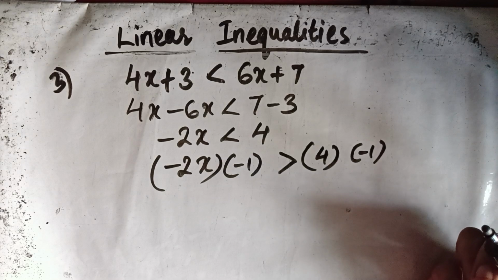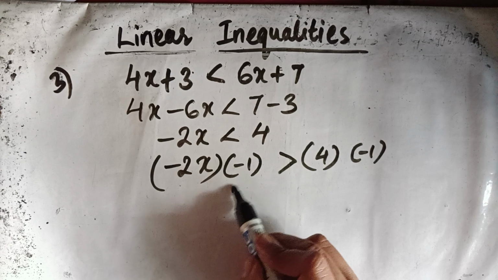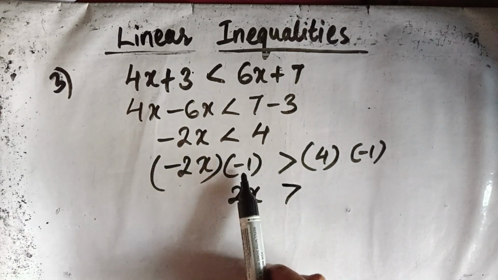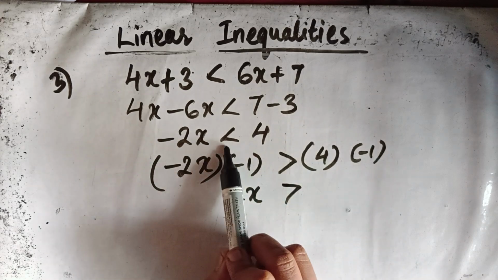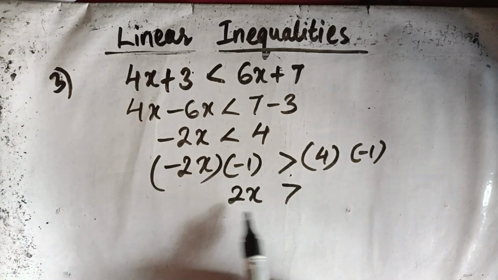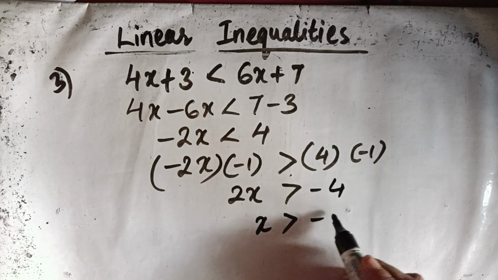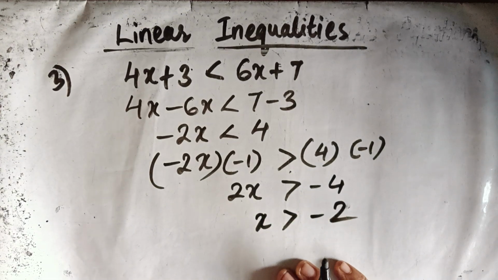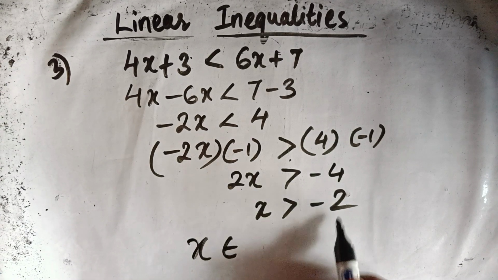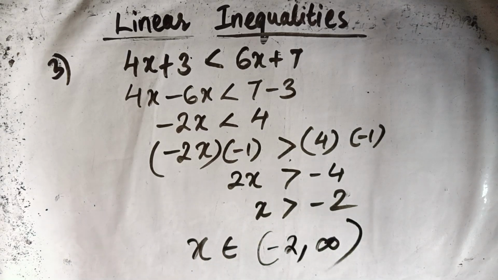So this becomes 2x, because we are multiplying by -1 on both the sides, we are changing the inequality. Keep this in mind, this is very important. Greater than -4, so x is greater than -2. So the solution set is greater than -2, that is from -2 to infinity.